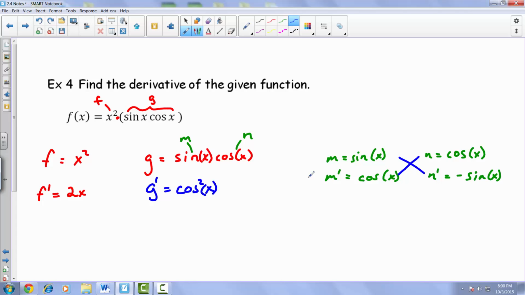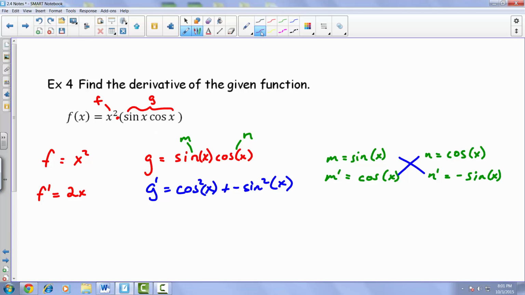And then plus sine of x times negative sine of x. Negative times a positive comes out to be a negative. Sine of x times sine of x gives us a sine squared of x. And as a result, that is actually our derivative for g.